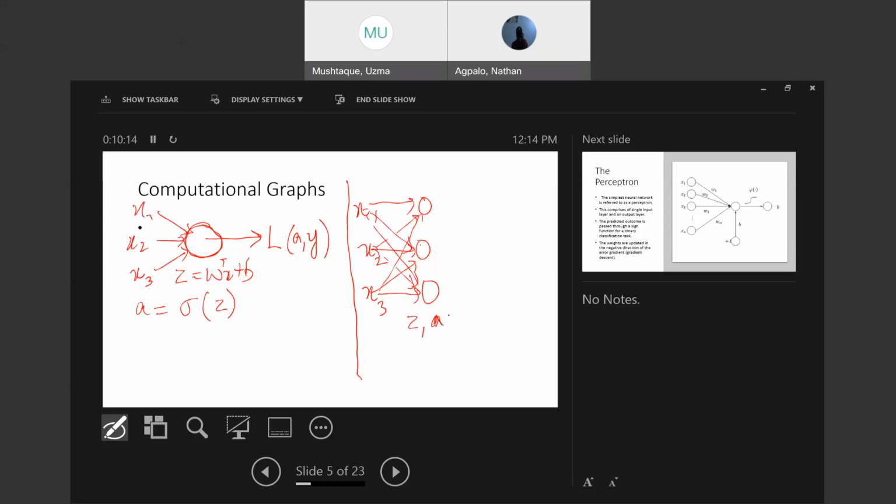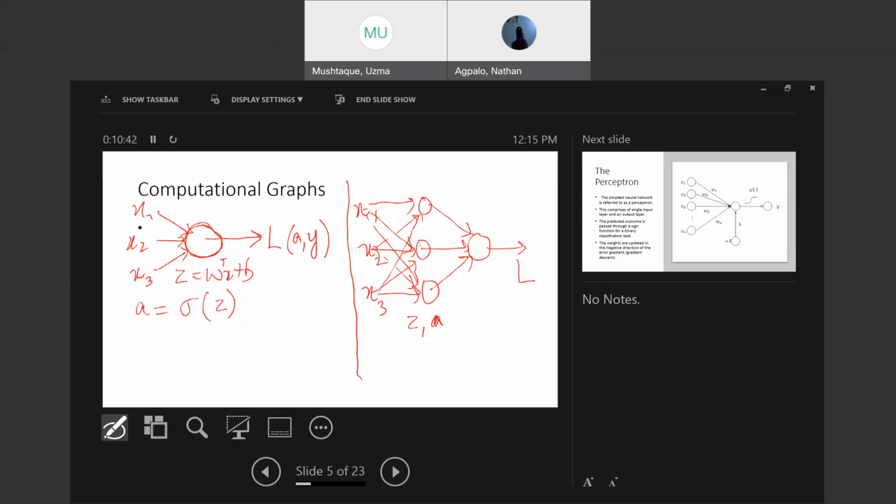Then I'll have another set of nodes. Let's say I wanted one output only. We'll cover how many nodes are needed and all of that, so don't worry about it, just focus on the computation. There is going to be some output from these nodes that I can combine here, and then I can get my loss.